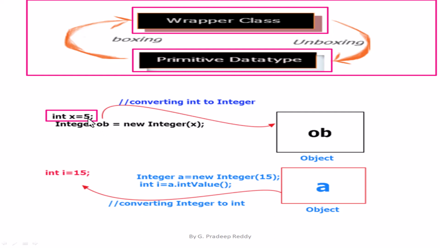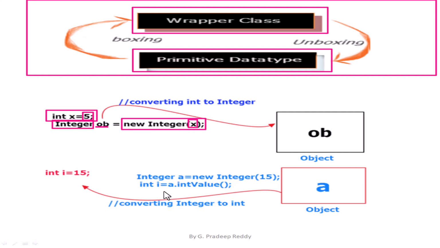Whenever you convert into the wrapper classes, we declare Integer object equal to new Integer(x). We pass the value of x, which is 5, so the object is going to hold the value 5.